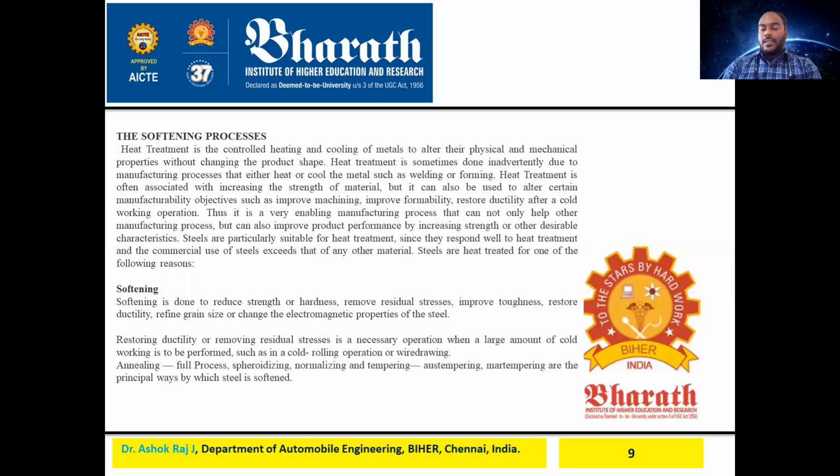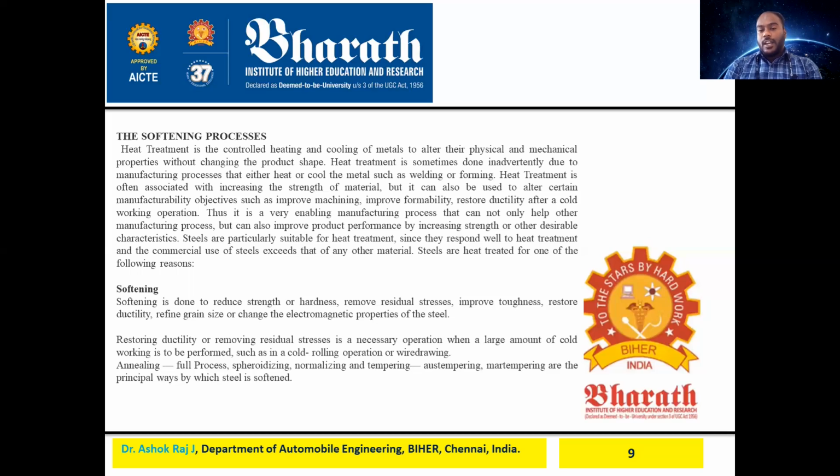First reason is softening. Softening is done to reduce the strength and hardness, remove the residual stress, and improve the toughness. Where you want to use the tough material, that time they will use the softening process, restore the ductility, refine the grain size, and change the electromagnetic property of the steel.